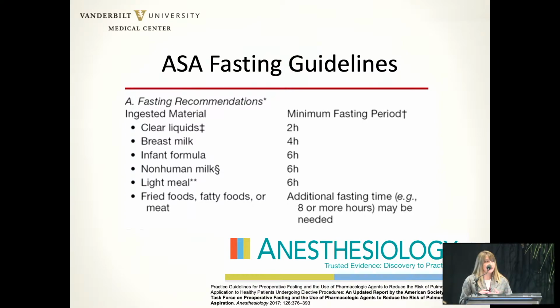What it basically highlights is that there can be variability in gastric emptying among patients, especially in patients with certain comorbidities. And we've all found solid gastric contents in patients despite complying with these guidelines.